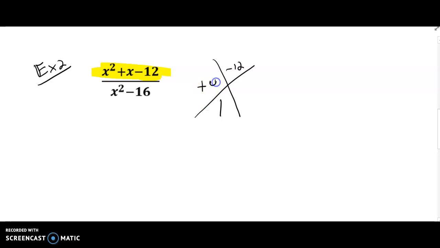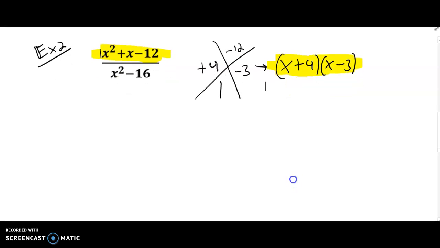How about positive 4 and negative 3? I don't need to make a box here because there's an assumed 1 up front. No number in front of x squared, we don't need a box. So for this, I get x plus 4 and x minus 3. Color code. Great. The things in yellow, these are the same things, right? When we factor it, it's still the same expression.